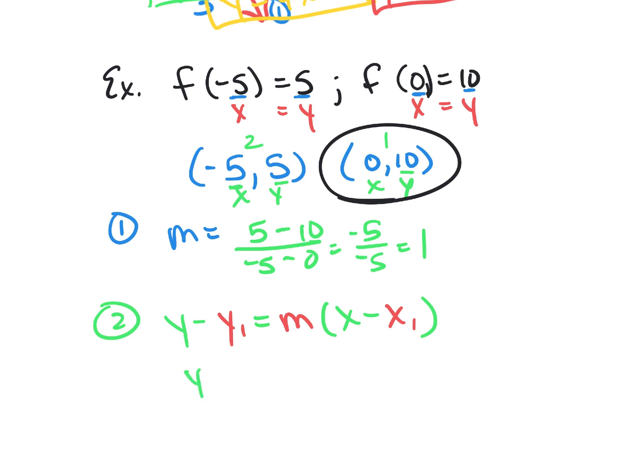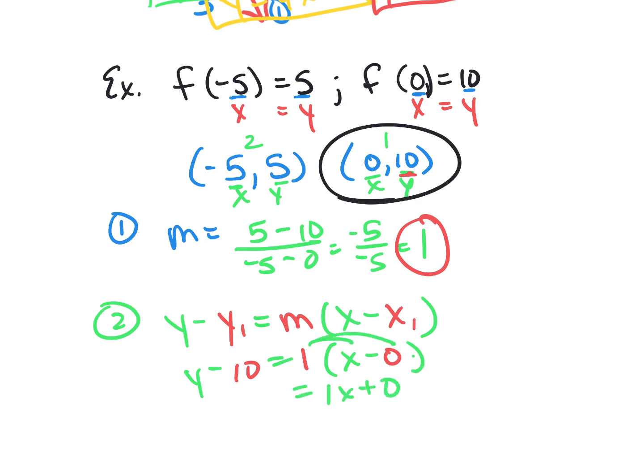And so then we have y minus 10, because I'm using this guy right here, equals my slope that I found, 1, times x minus my x1, which is 0. Distribute, so we get 1x plus 0 or minus 0, doesn't matter, it's 0. And then I want to add 10, so we get y equals 1x plus 10.